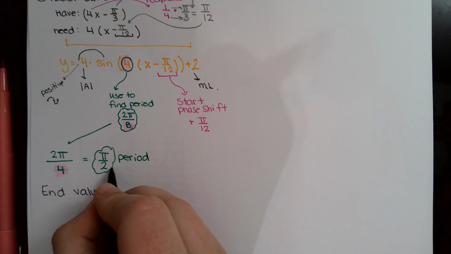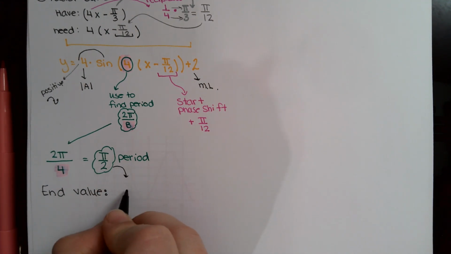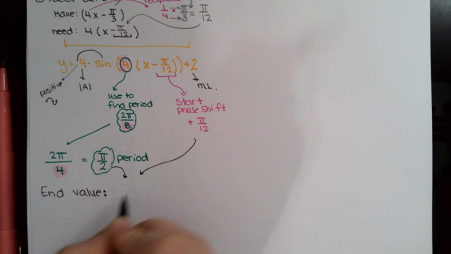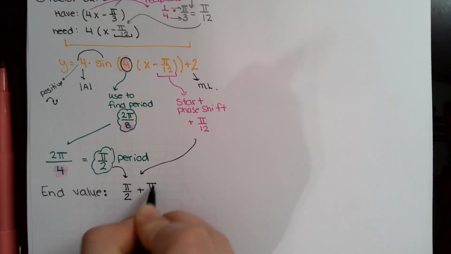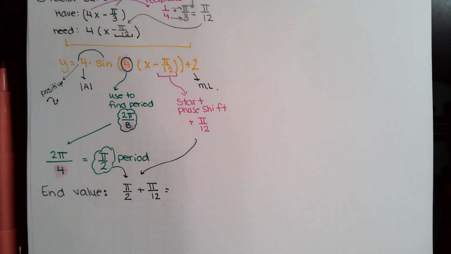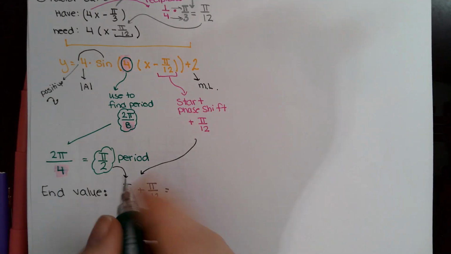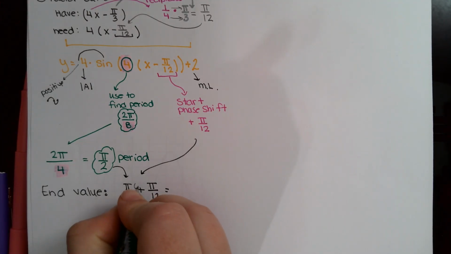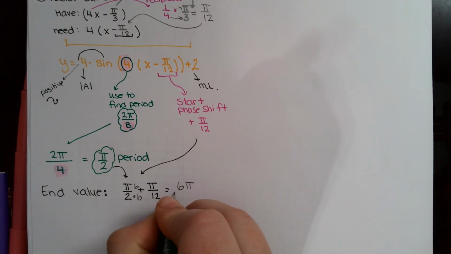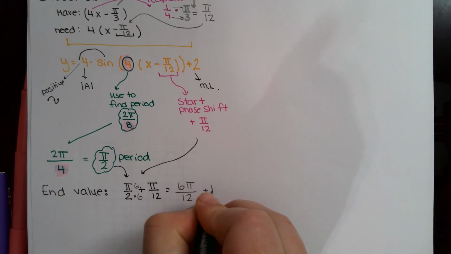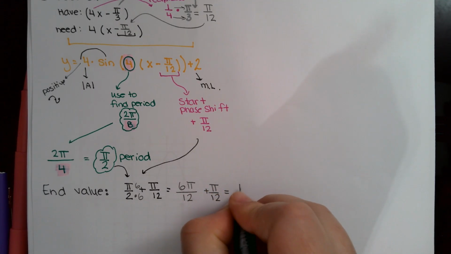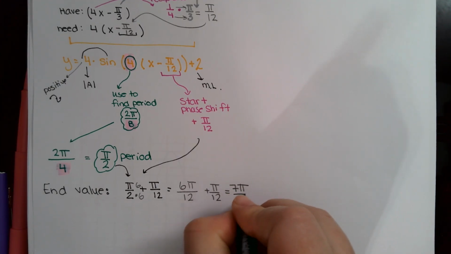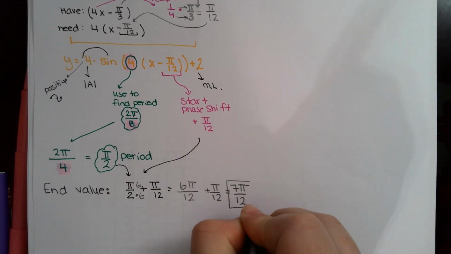Our end value is going to be your start and your period added together. So we got our period of pi halves plus our start at pi 12ths. I'm going to do common denominators, multiply this by 6, so we get 6 pi over 12 plus pi 12. So it looks like our end value is going to be 7 pi 12ths.